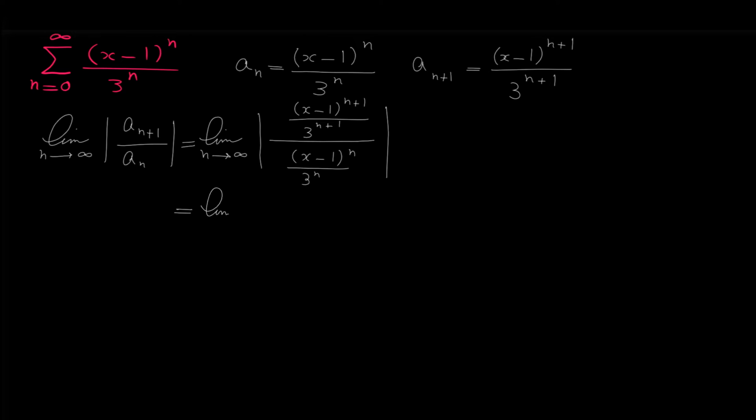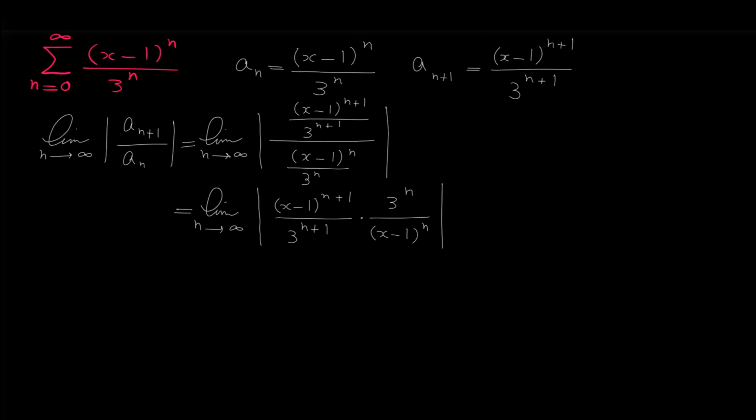Now note that we can write the expression inside of the absolute value as (x minus 1) to the power of n plus 1 over 3 to the power of n plus 1, times the reciprocal of the expression in the denominator. And the reciprocal of (x minus 1) to the power of n over 3 to the n is 3 to the power of n over (x minus 1) to the power of n.